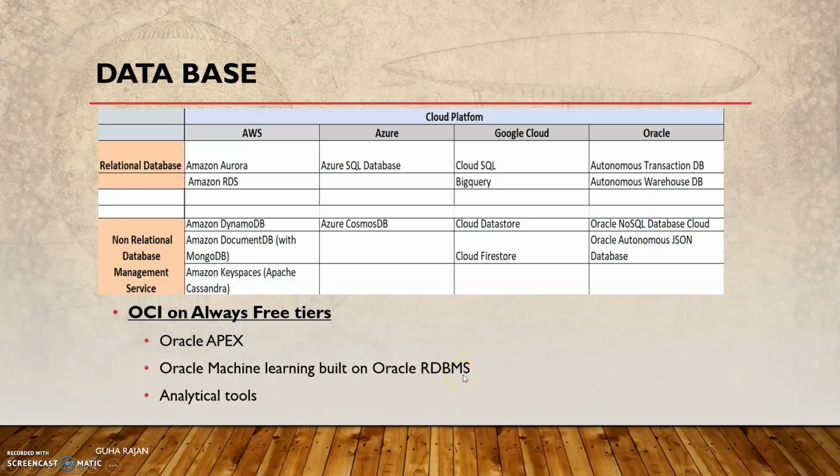Say you have data already residing in the database, which is a transaction database, a commercial database, and you want to build a model for machine learning, then there is already a feature available with Oracle Machine Learning on OCI. So that's an interesting feature. It has been there since Oracle Cloud Infrastructure was built. So this way, it's a definite plus.